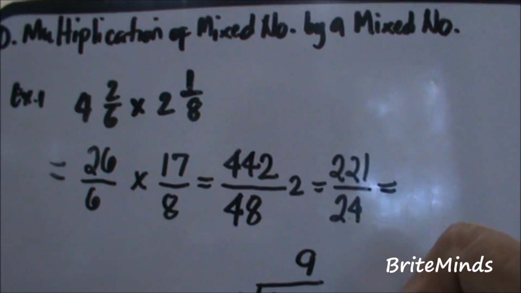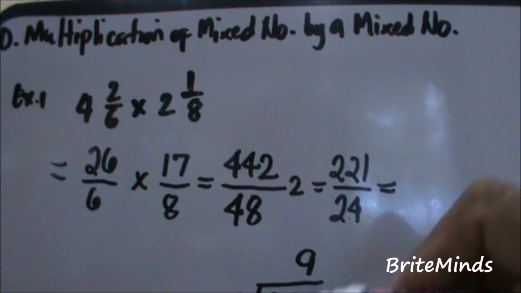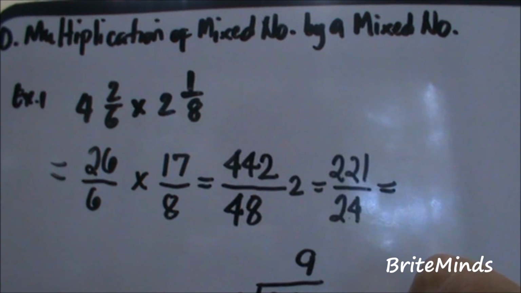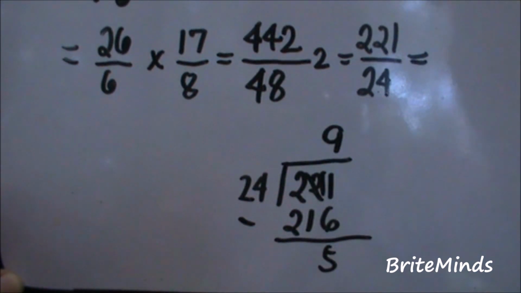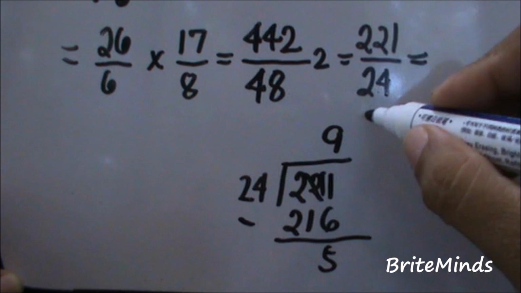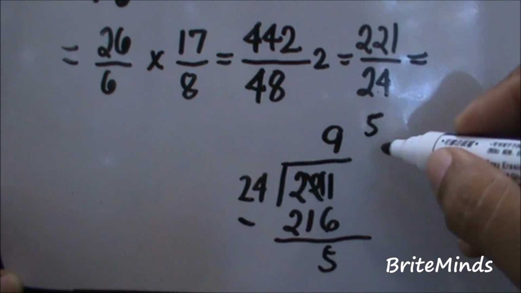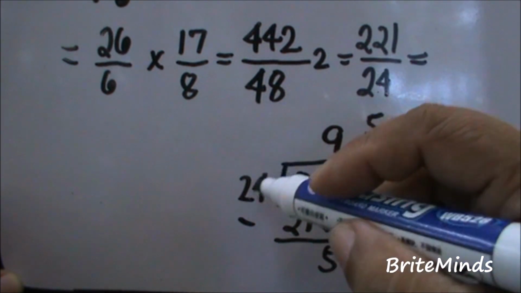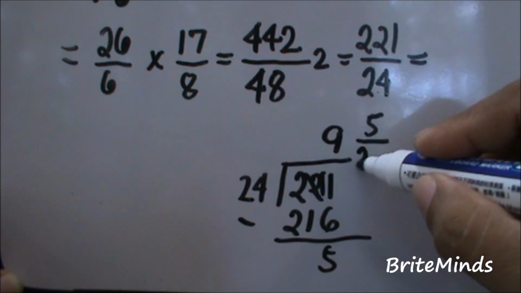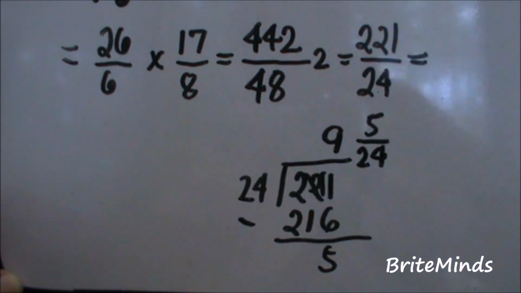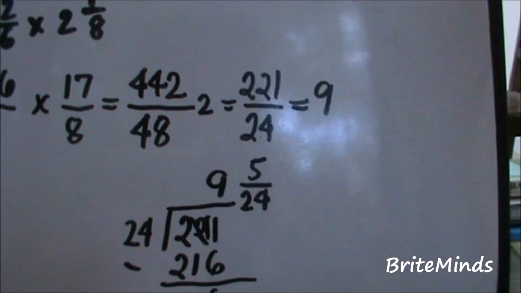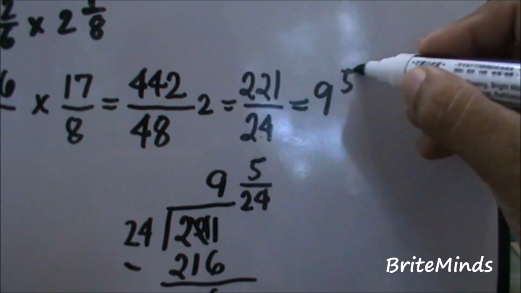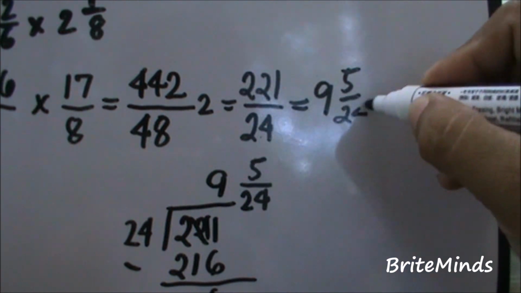Then subtract. 11 minus 6 will be 5. So we have a remainder of 5. We bring it up as a numerator, and the divisor as a denominator. So our answer is 9 and 5 over 24.